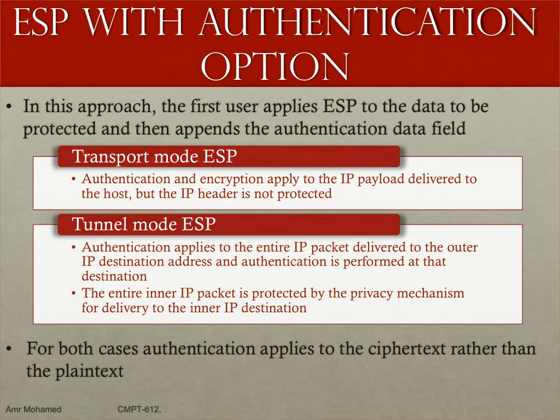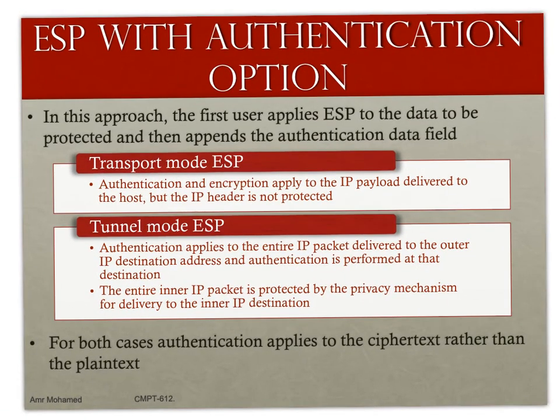As we said, ESP, or the Encapsulating Security Payload, which is part of the standard, can be used with or without authentication. Authentication as part of ESP is optional, and this is done for backward compatibility with AH, which was part of the standard at the beginning. So ESP itself can be used with or without authentication.